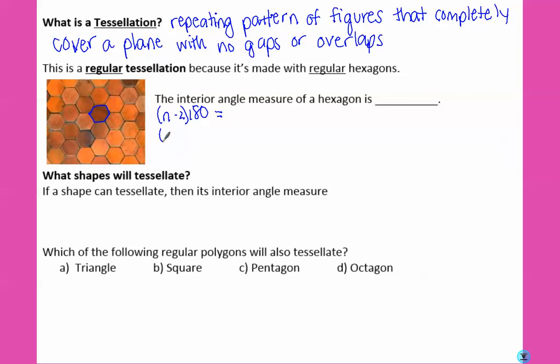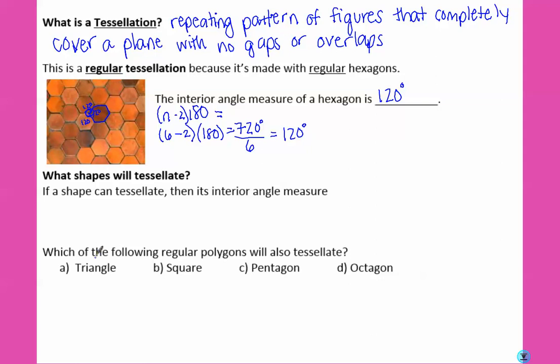So 6 minus 2 times 180, 720 degrees, divided by the fact that we have 6 angles, gives us that each interior angle is 120 degrees. So in here is 120. In here is 120, and in here is 120. And if you look, all of those together end up making a circle, which is 360 degrees.